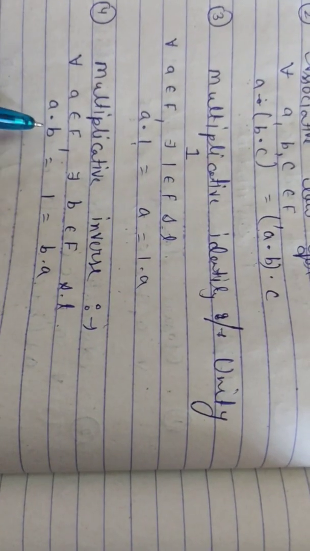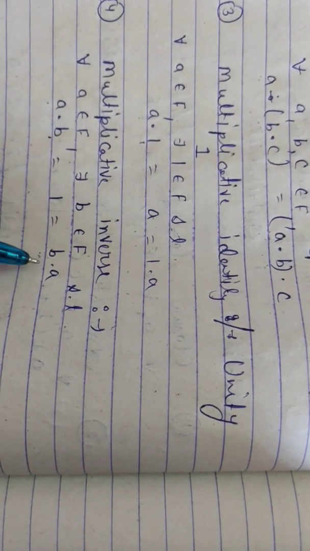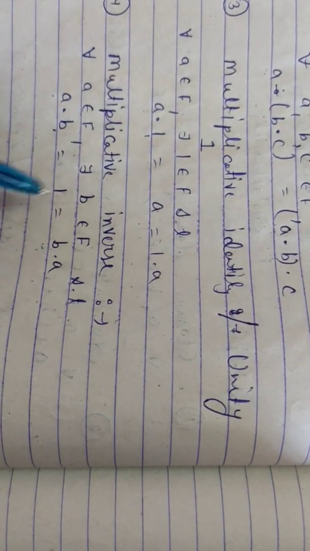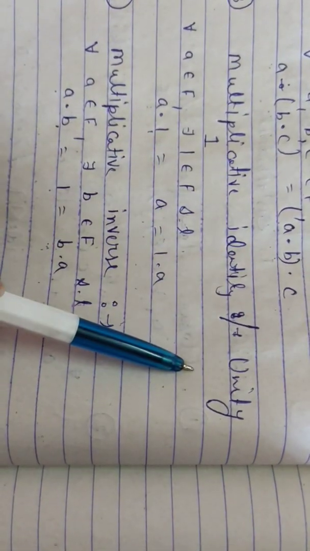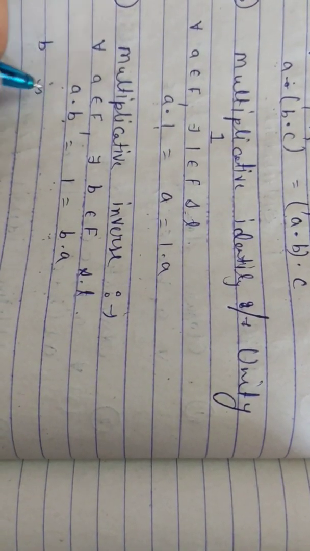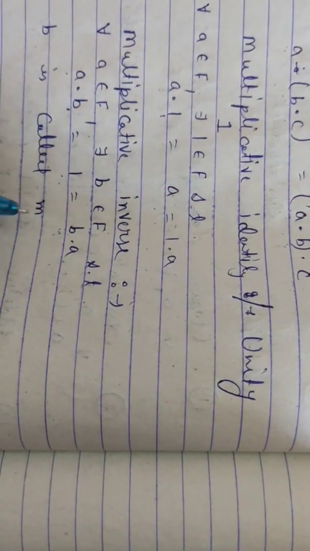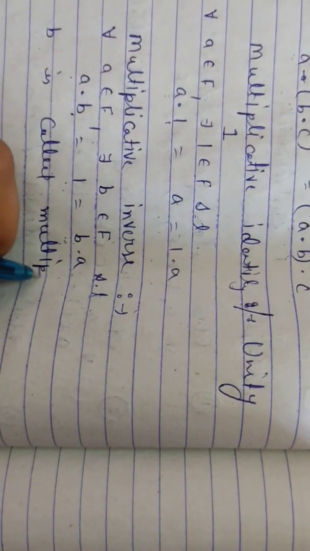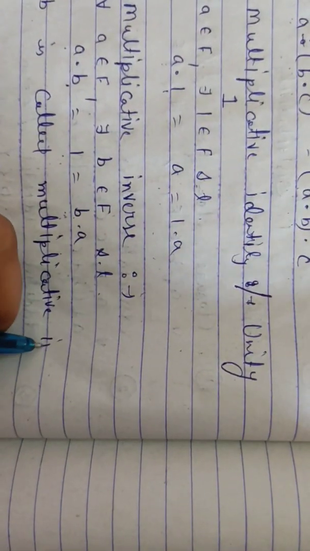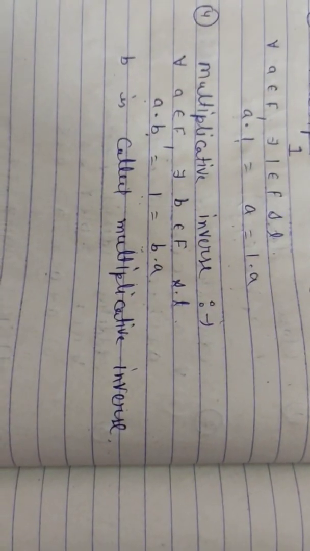That means if we operate b from the right-hand side with a, or from the left-hand side with a, in both cases we obtain 1. Here 1 is the multiplicative identity or unity. If we obtain 1, then this b is called the multiplicative inverse.